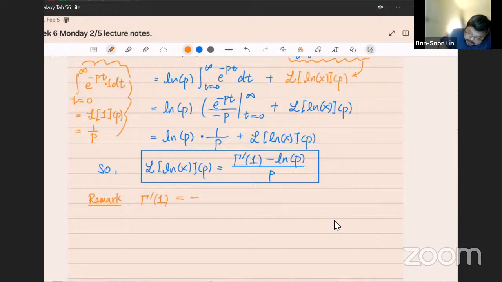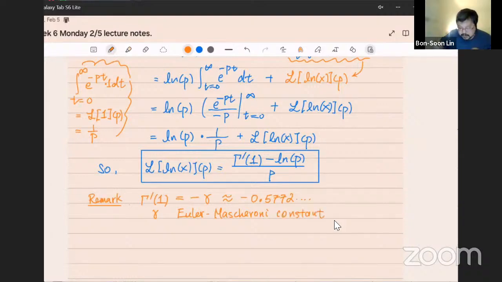This is the negative of little gamma, which is about 0.5772, that we just calculated earlier. And this little gamma is a very famous constant. It's called the Euler-Mascheroni constant.